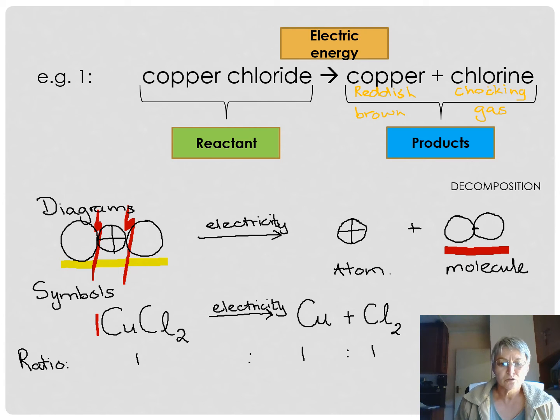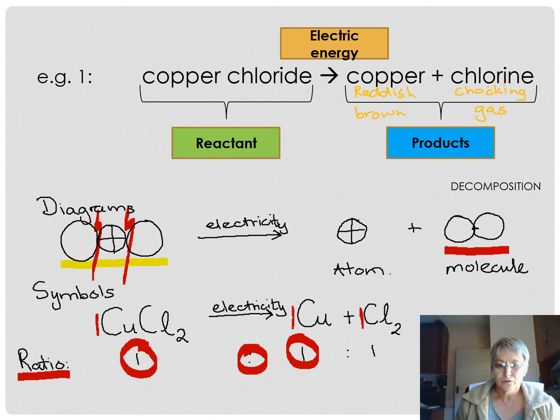In mathematics, you learn about coefficient. It is the number before the x or the a or the y. So you've got a 1 before the copper chloride, a 1 before the copper, and a 1 before the chlorine. So the ratio between the copper chloride, copper, and chlorine is 1 to 1 to 1.